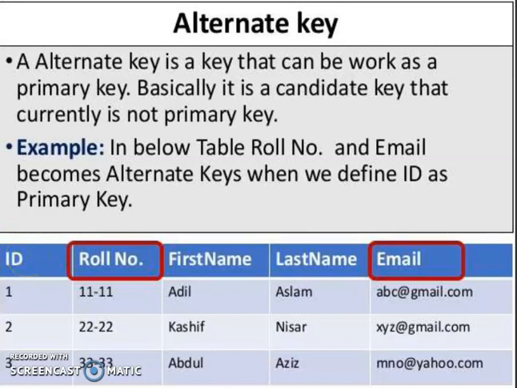A primary key is always one of the candidate keys. If you use ID as the primary key, the remaining candidate keys are still available. Roll number is another candidate key, and email is another candidate key. So these are all the alternate keys that are available, which may be used as a primary key in future.